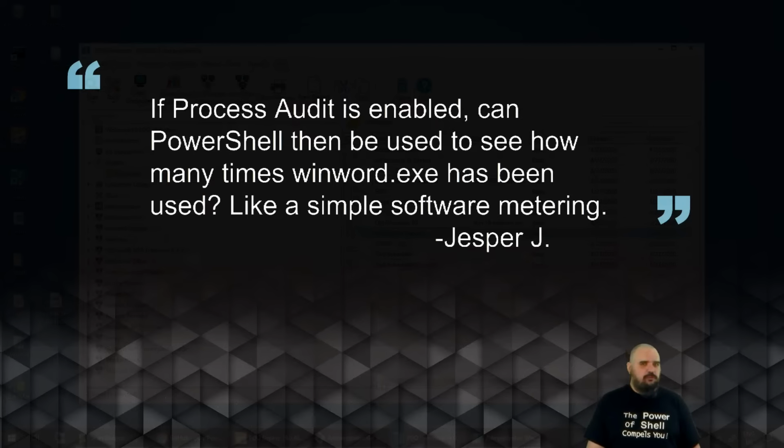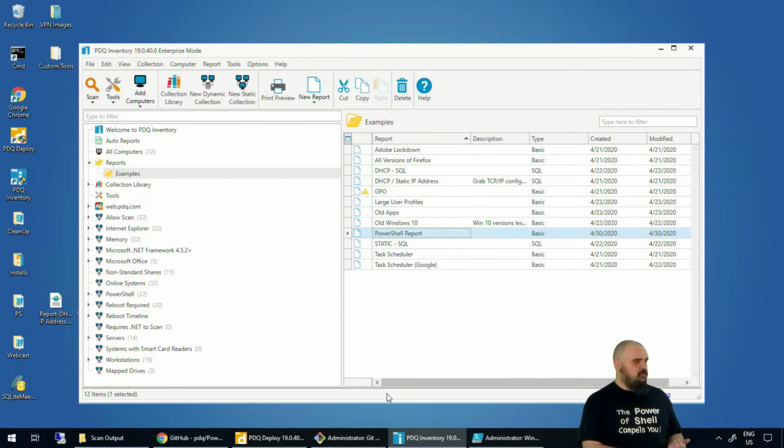It's going to be similar to what we had with the user logged on, only obviously looking in a different event, and where Colby only grabs the latest, you're going to want to grab all of them and then do a count. I think with those two things, it should do what you're looking for. I'm not sure exactly where it would be stored or what to look for, but using the event viewer, like with the last user logged on, you can probably modify that and make it work for you.